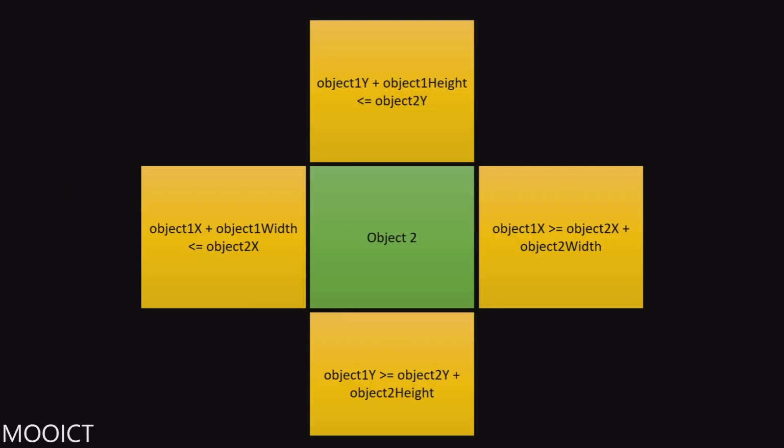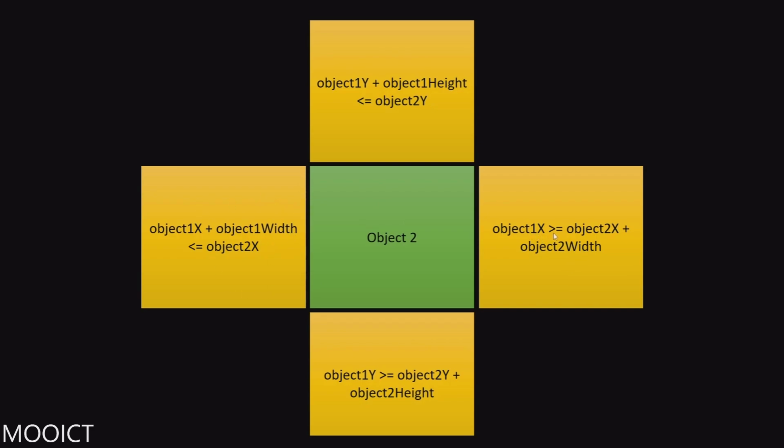Perfect. If you think about it this way, this is object2, so this could be the drum that we're dealing with, right? We're going to do an if statement where we check if object1x plus object1 width is less than object2's x position, which is here. If we are outside of it, then there's no collision.